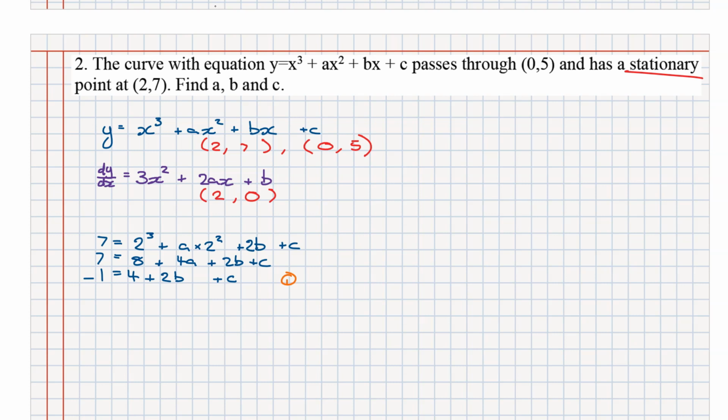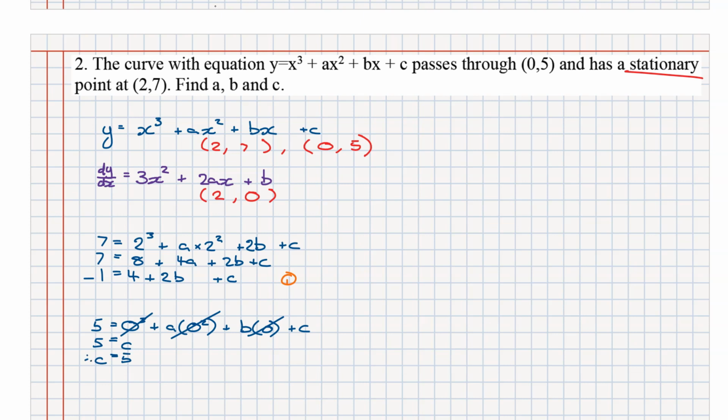Now let's go for equation 2, and I'll leave a little bit of space and you'll see why in a moment. We're going to go 5 equals 0 cubed plus a times 0 squared plus b times 0 plus c. All of these cancel, and therefore we find that c equals 5.